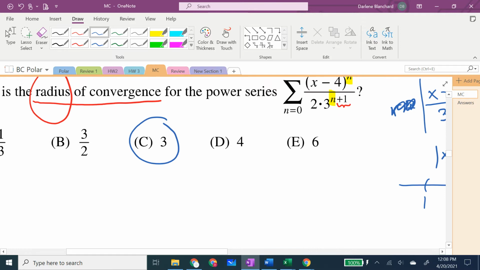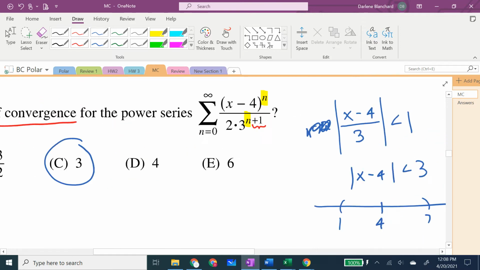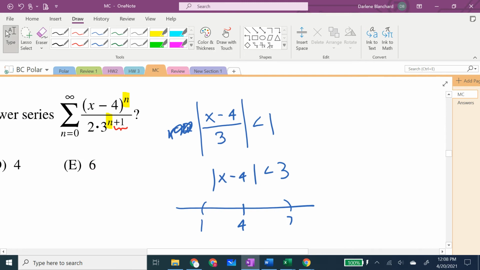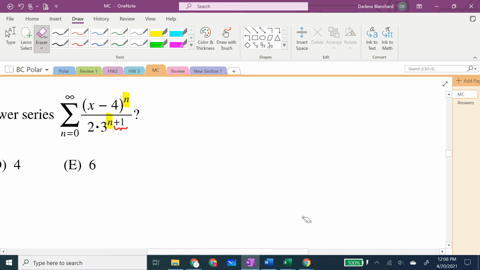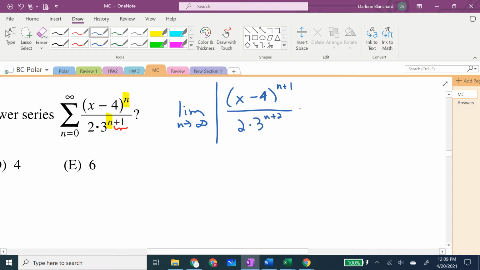Now, if you don't see that when you look at sigma, and I know most people don't see that when they look at sigma, then you're going to go through the process of the ratio test. You're looking at the limit as n approaches infinity of the absolute value of, plug in an n plus 1, times the reciprocal, so we're dividing by the nth term.